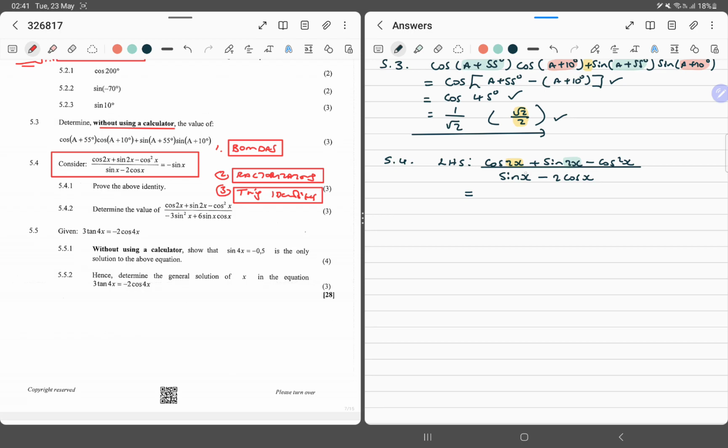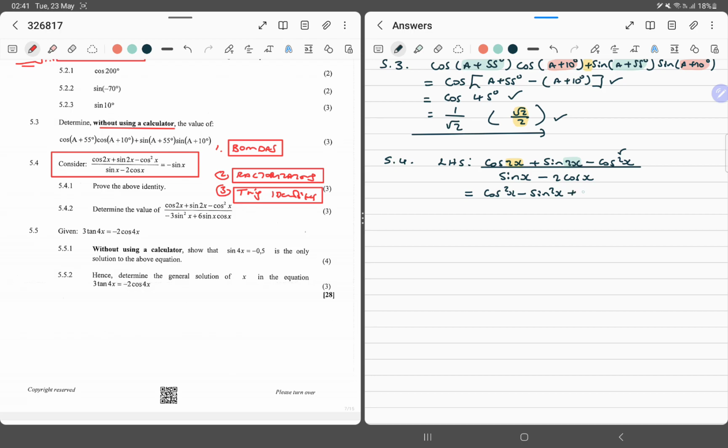Okay, let's just see. I'm not too sure what I'm going to do here. But because of this guy, I'm going to change cos 2x to cos squared x minus sine squared x. So you know that is the story.